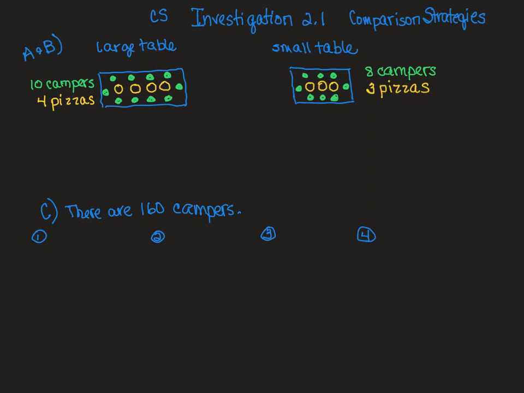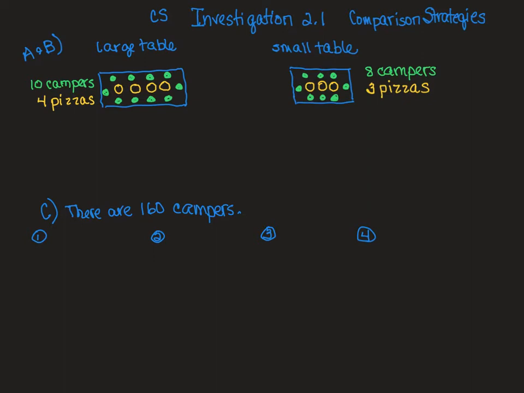And the question is, are they making sure that every camper is getting about the same amount of pizza? So we're going to look at finding the unit rate, and we're going to look at finding it 2 ways, which we are going to continue doing throughout this investigation. Okay, so in the first one, I'm in the large table.